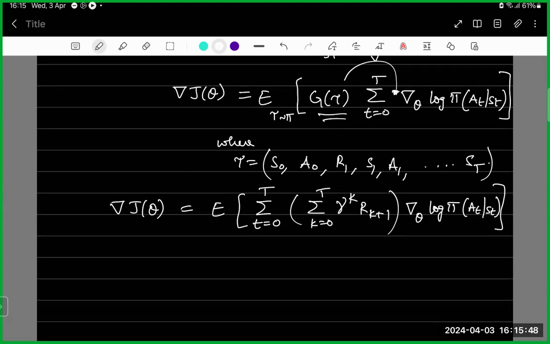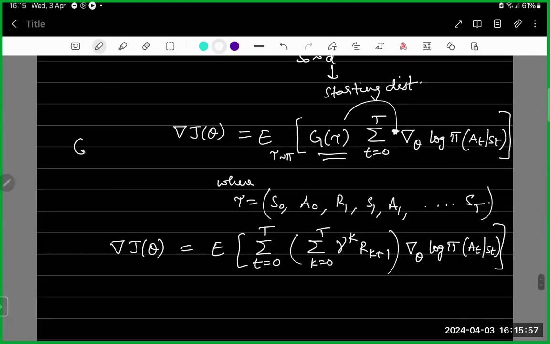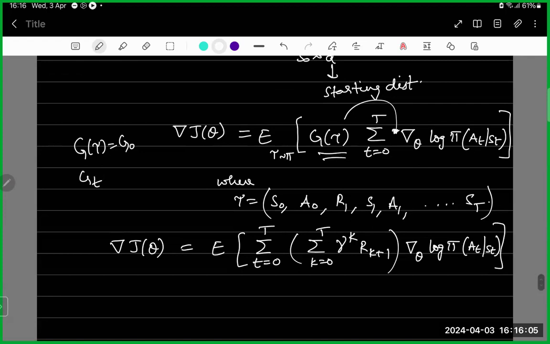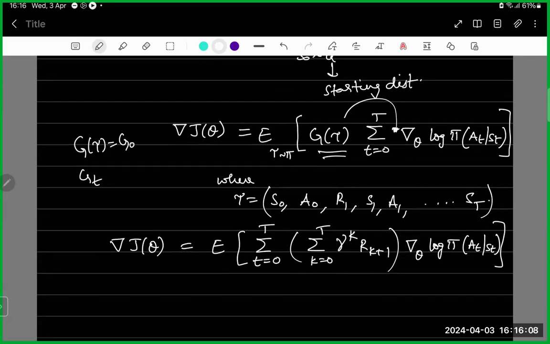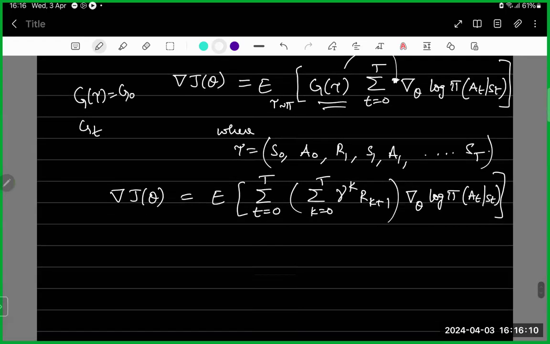This is useful in getting to the actor critic version. So you understand the difference: G tau is like G naught, the total return, and GT is the return from time t.